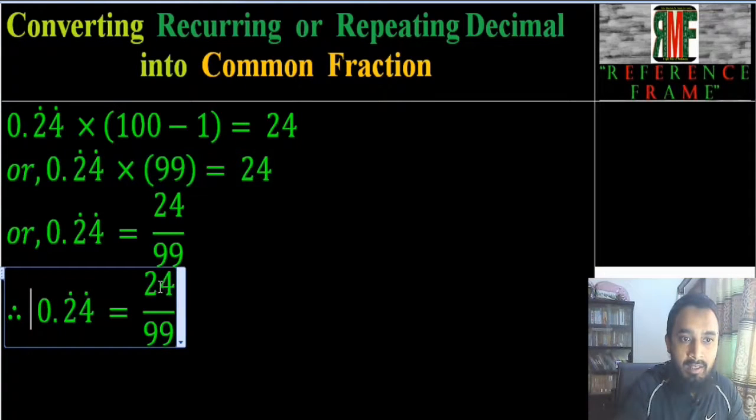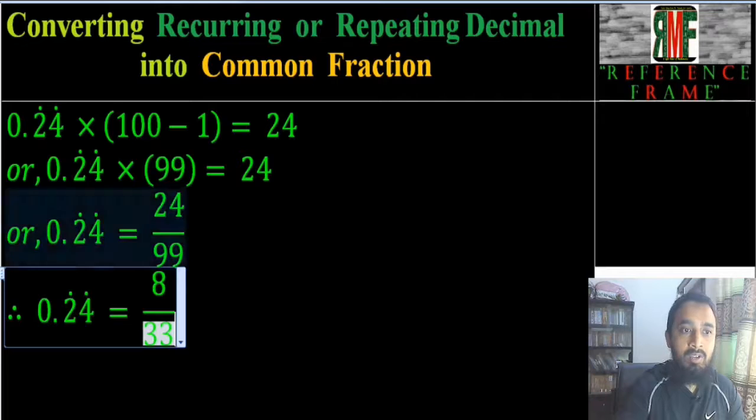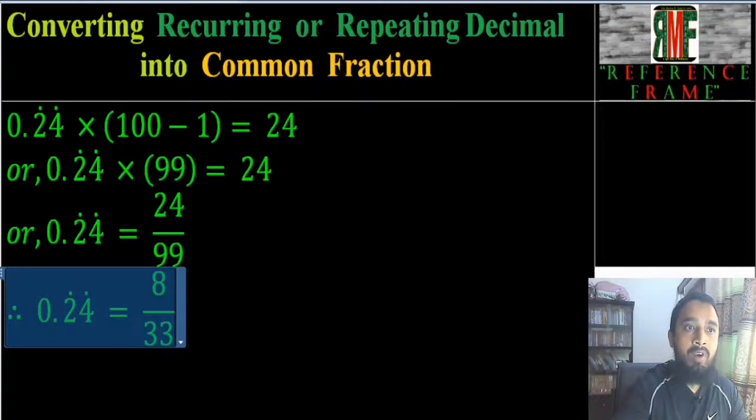So look, by dividing these two, 24 is a multiple of 3, and 99 is also a multiple of 3. By cancelling, we get 8. If we divide 99 by 3, we get 33. So look, this is our required conversion.